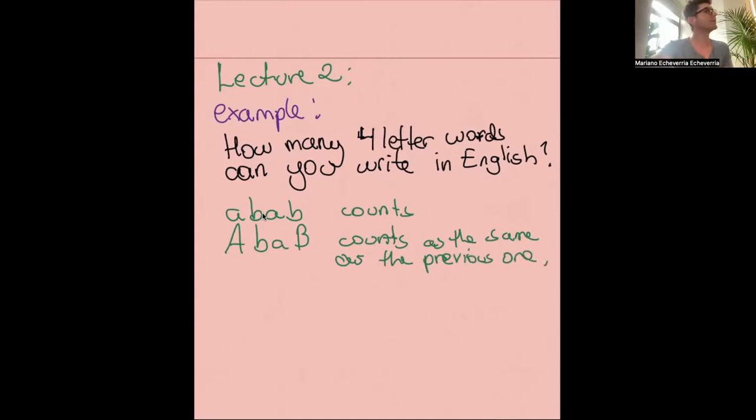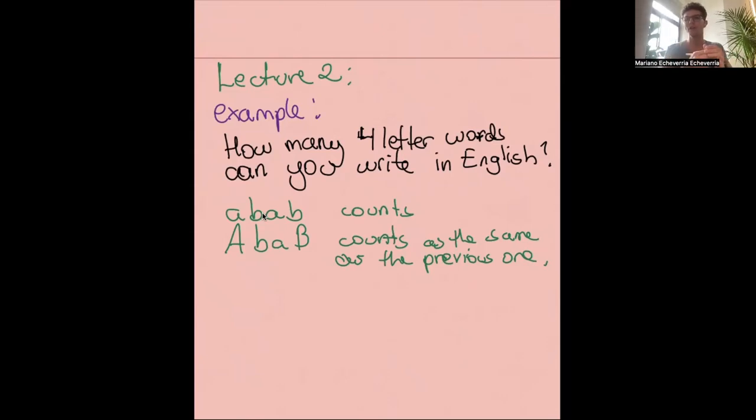Good, the setup. So how many letters are there in the English alphabet? 26, I think, correct.